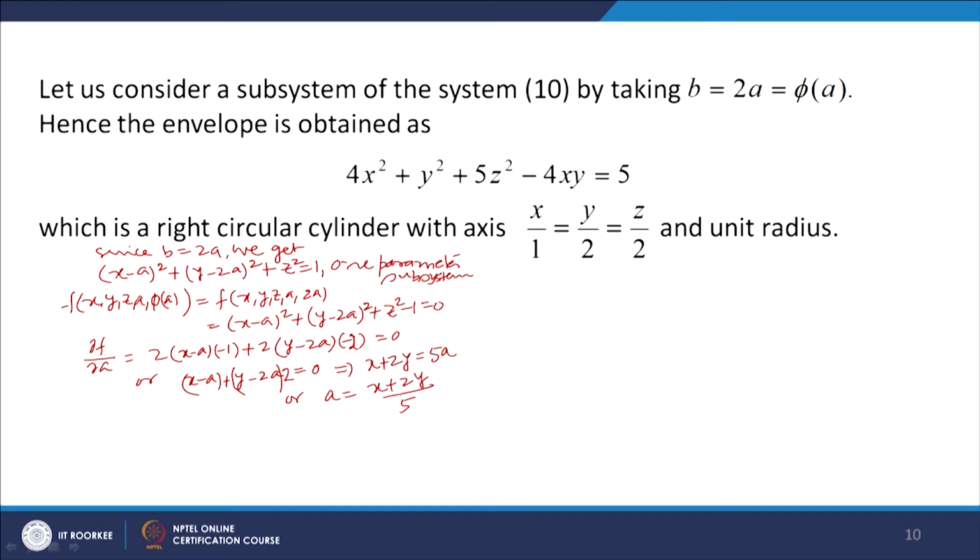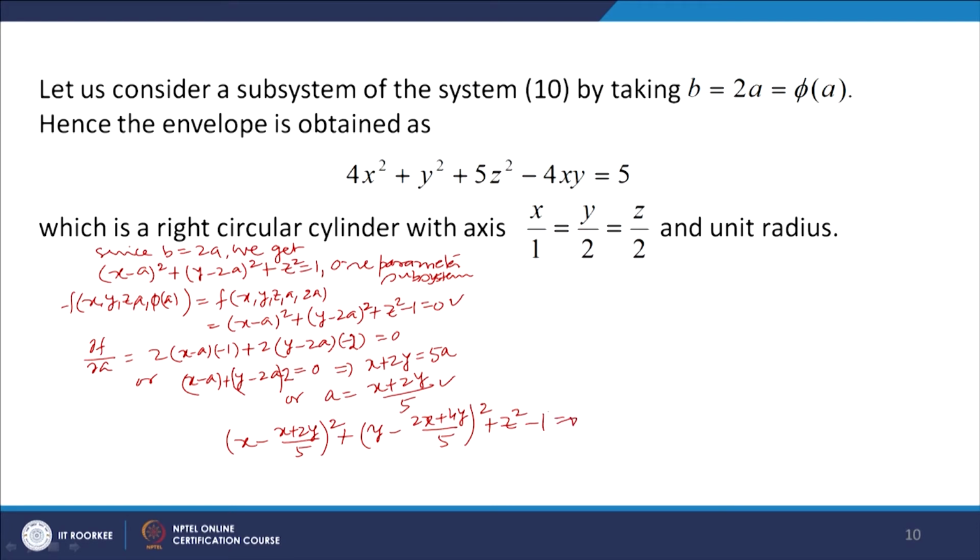Now, eliminating the parameter a between this equation and the earlier equation, we arrive at (x minus (x plus 2y)/5) whole square plus (y minus (2x plus 4y)/5) whole square plus z square minus 1 equal to 0.